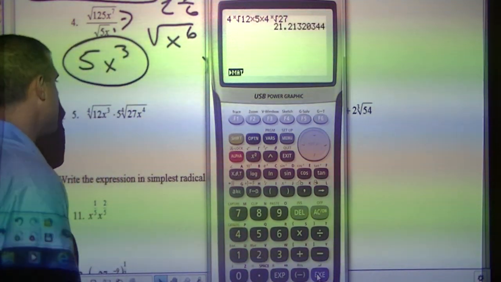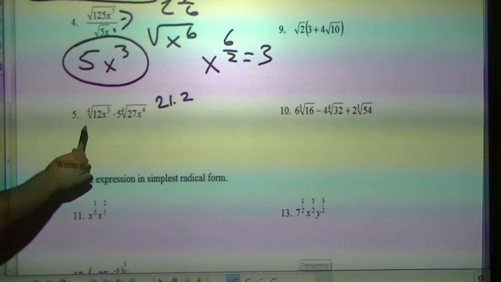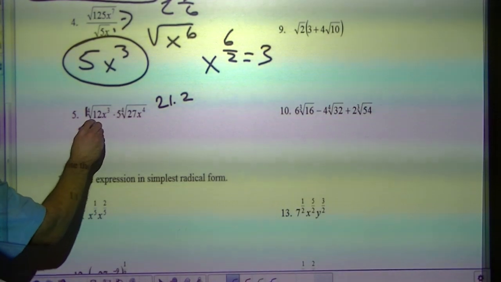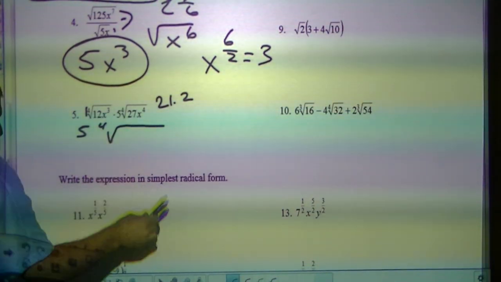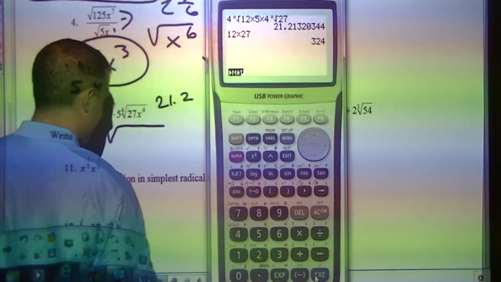I got 21.2, so when I get done, I'm going to check to make sure I got 21.2. There's a 1 out here, so 5 times that would be 5. There's a little 4th root deal going on there. 12 times 27 gives me 324.